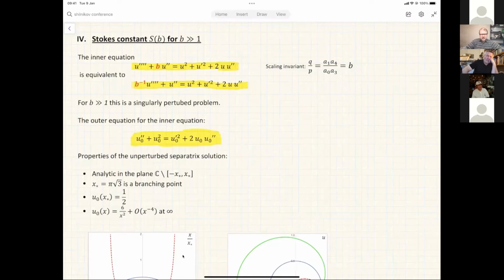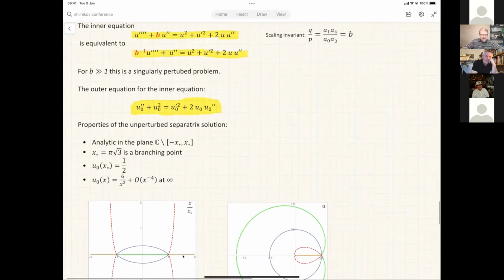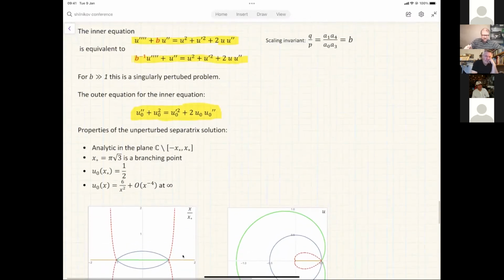As Bernold explained to us, the imaginary part of the singularity of this equation is responsible for the exponential decay. So looking naively at this equation, we could expect that S of b is exponentially small for large b. But in this equation, singularities are located exactly on the real axis. So there is a degeneracy. We get exponentially small phenomena with a zero exponent.